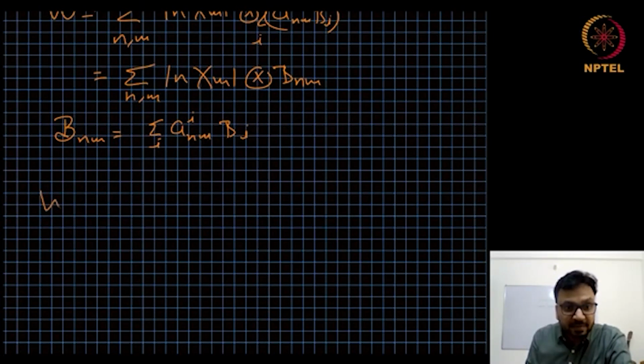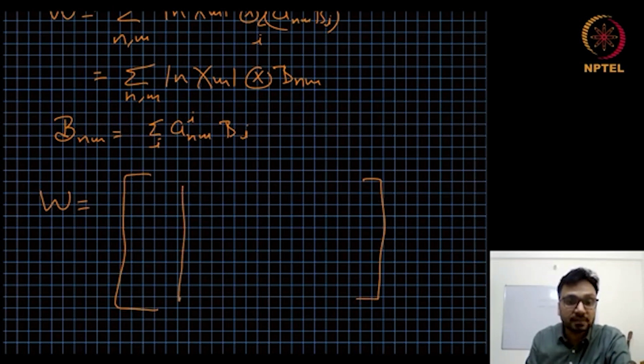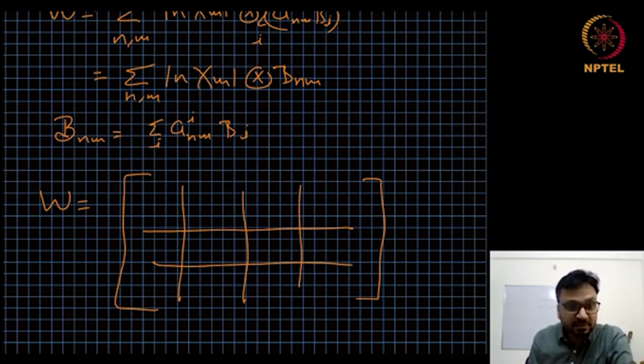It means we can write W as a matrix of matrices. I'm just putting this grid for reference purposes. So this W can be written as a matrix of matrices where each element is a matrix, which is B11, B12, B13, B14, B21, B22, and so on.